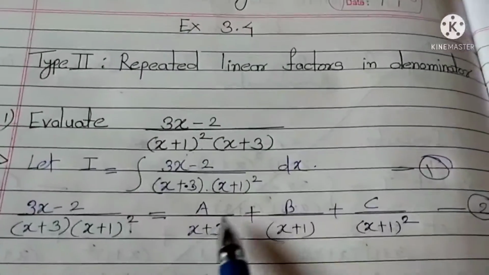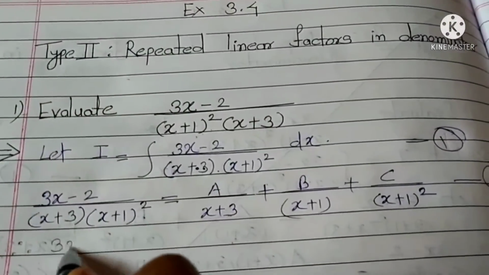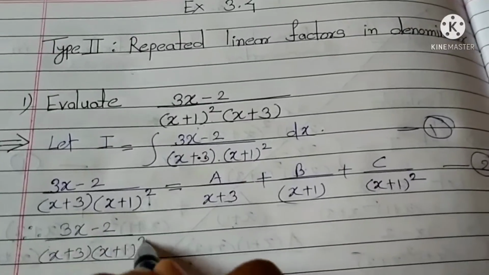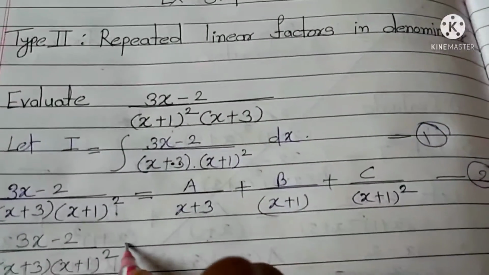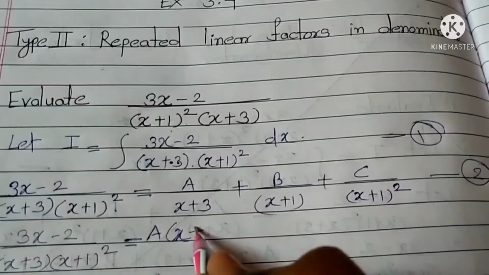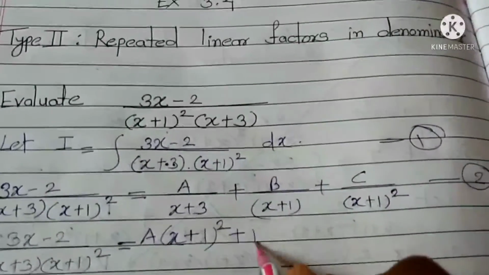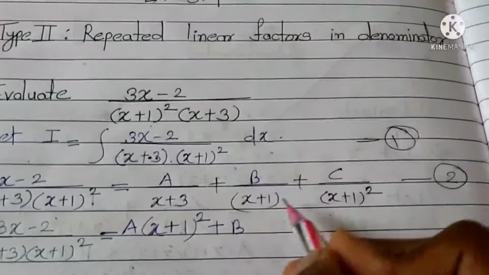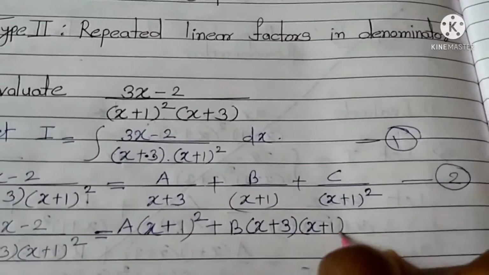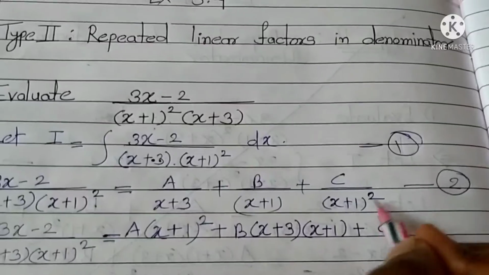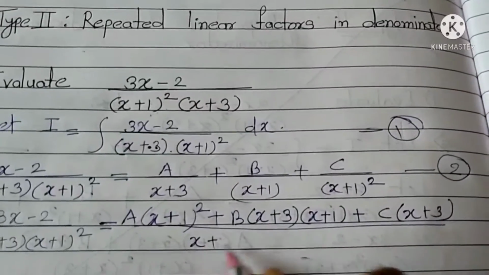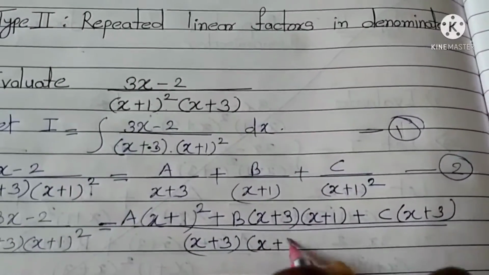Okay, now take the LCM. So 3x minus 2 upon x plus 3 x plus 1 square is equal to a into, here x plus 3 is present, so we take only the other factor, x plus 1 square, plus b into x plus 3 x plus 1, plus c, x plus 1 is present, so here we take only x plus 3, upon the product of these three factors x plus 3 x plus 1 square.